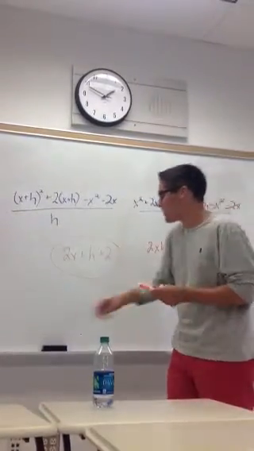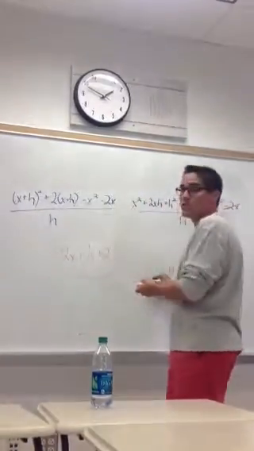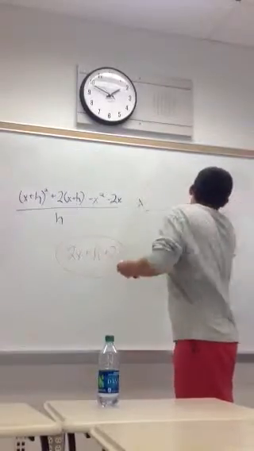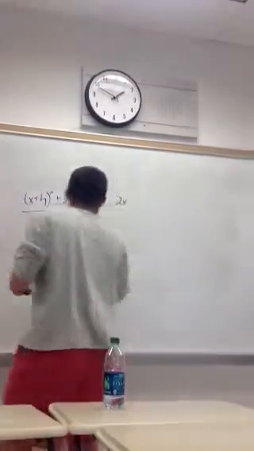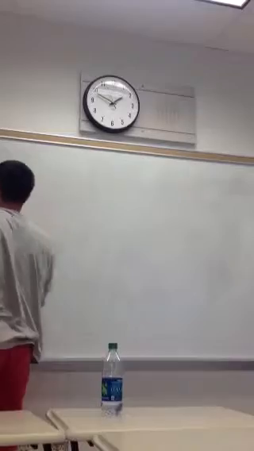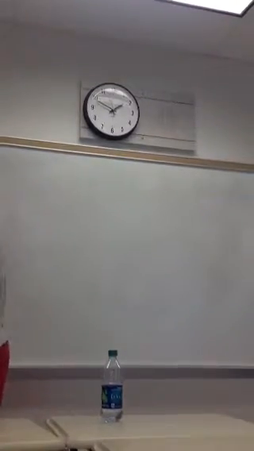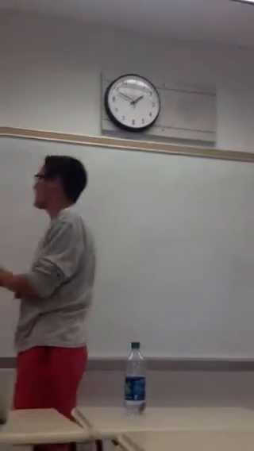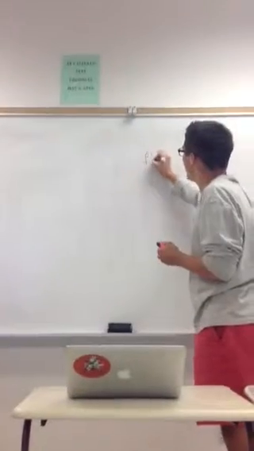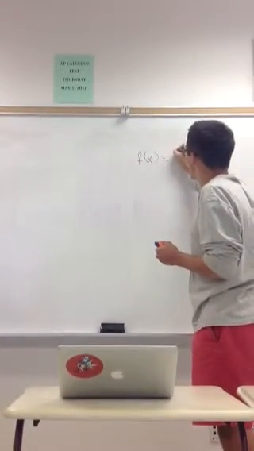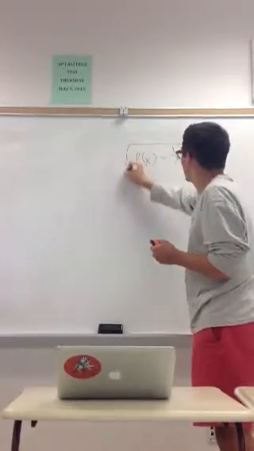Now we're going to try something a little bit more difficult with a new function. So this time we're going to work with the function f of x equals 1 over x.